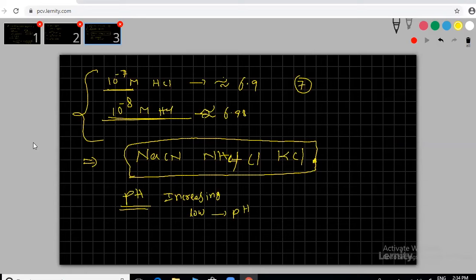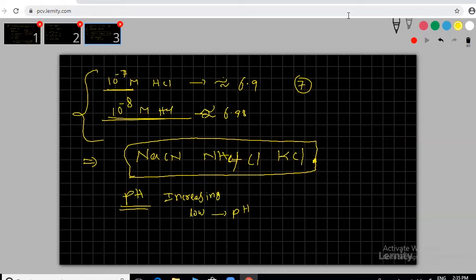Try to respond. Question is which one has highest pH and lowest. Someone gave KCl is lowest and NaCN is highest pH. Remaining also people can respond.